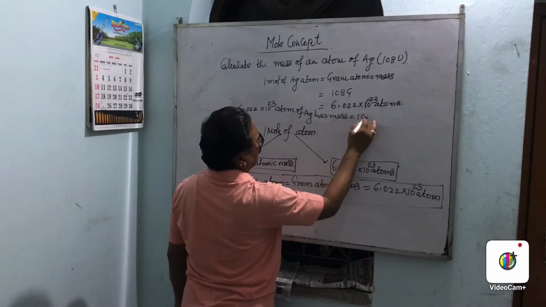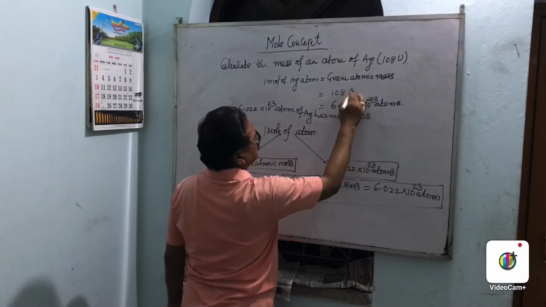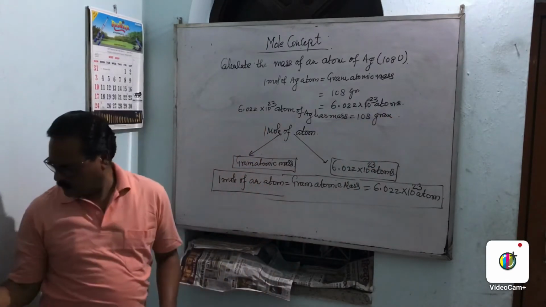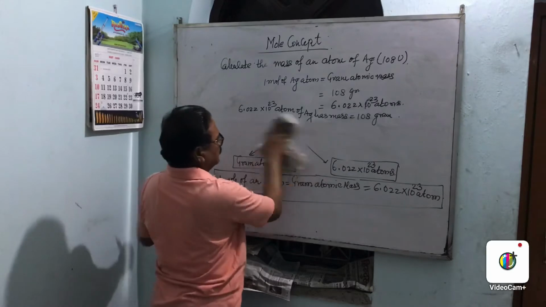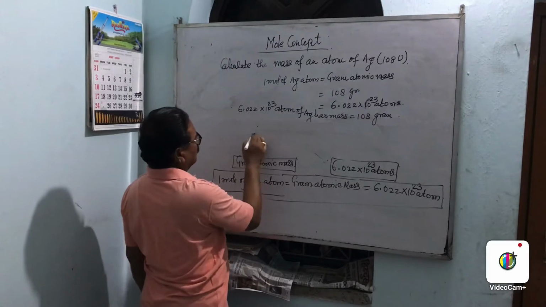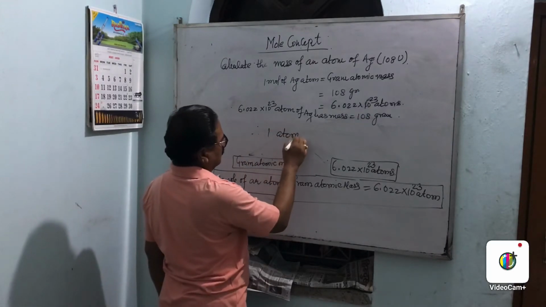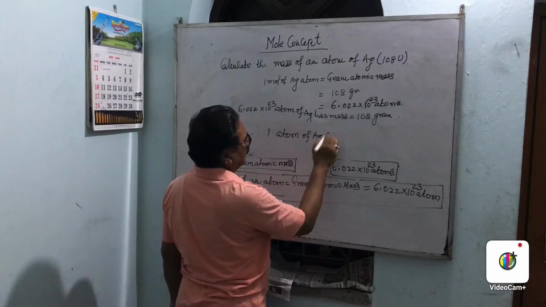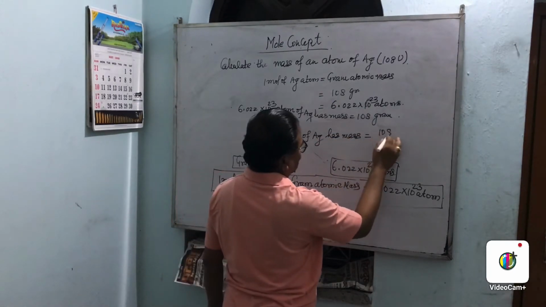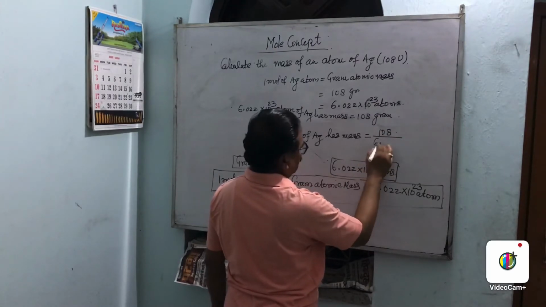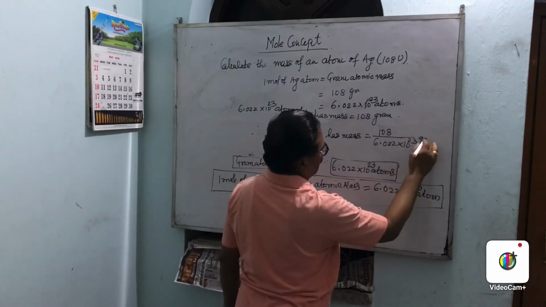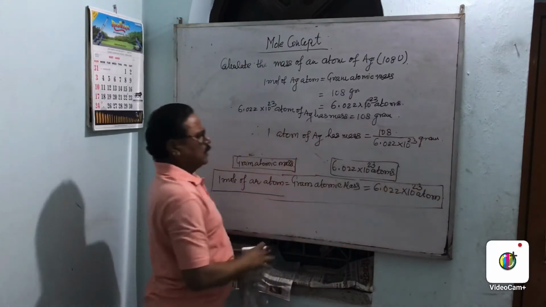We write here 108 gram. Therefore, mass of 1 atom of silver, Ag, is 108 divided by 6.022 into 10 to the power 23 gram. Whatever the calculation is, you solve it.